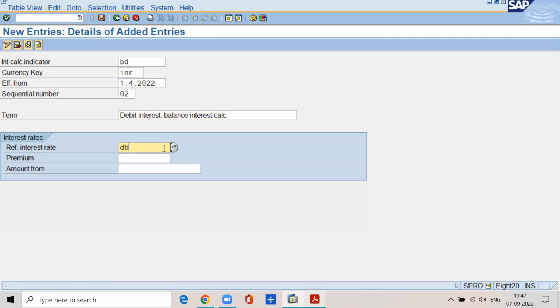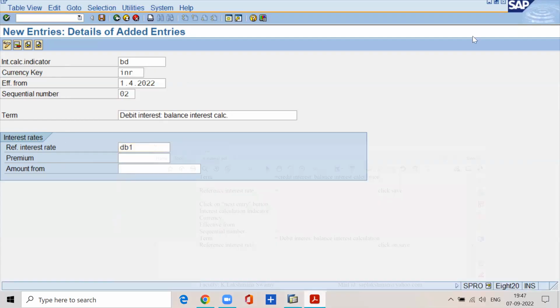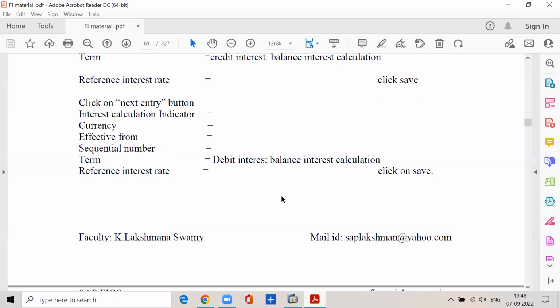Reference rate of interest is equal to DB1. So the term debit interest, balance interest calculation is there, no? Within brackets, interest on credit items. Click on save, right?